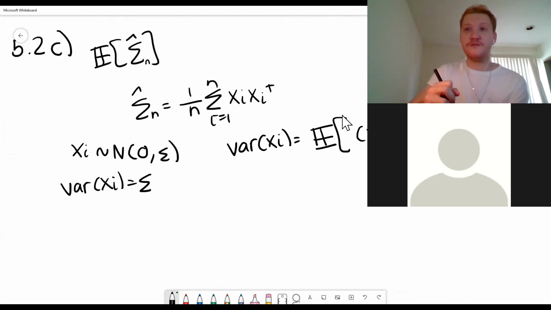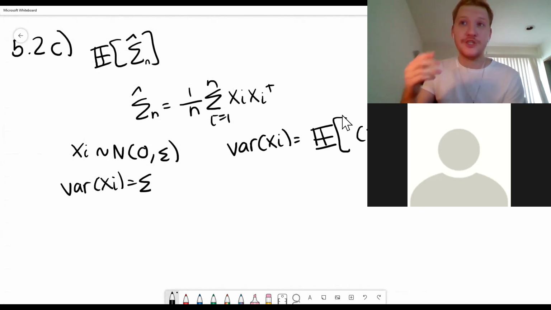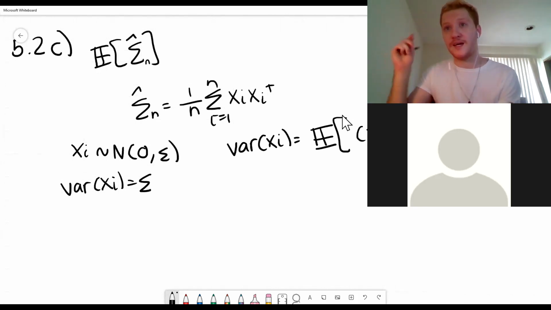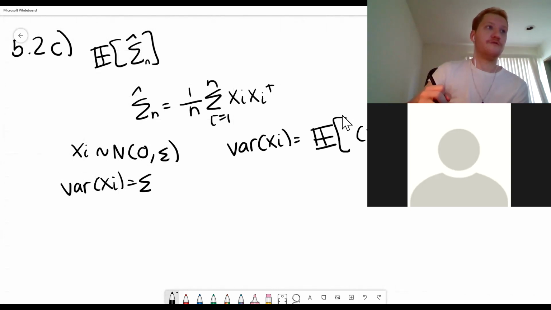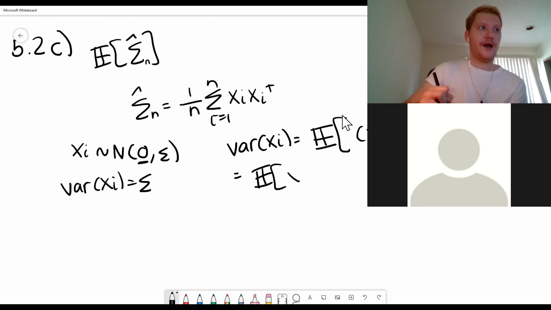So that's the definition of the variance in expectations of a vector, right? Usually you see it as xi minus expected value of xi squared, but in this case we do it transposed. That's the equivalent for matrix calculus. But then remember, the expected value of xi is 0, so this is equal to the expected value of xi times xi transpose.